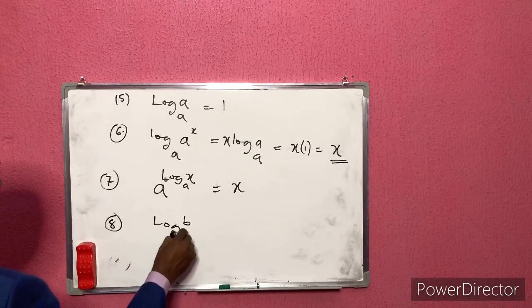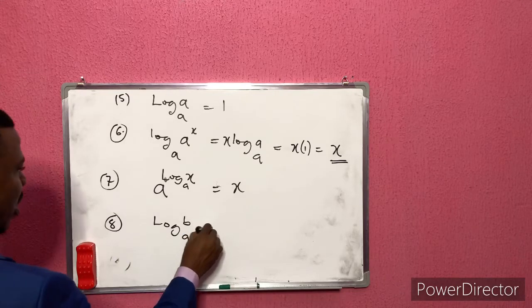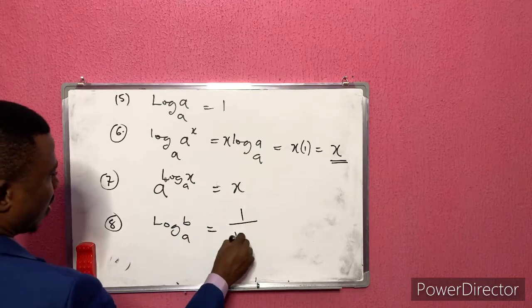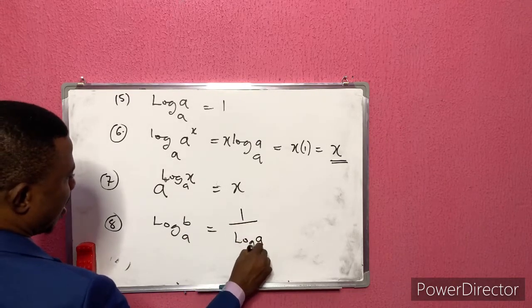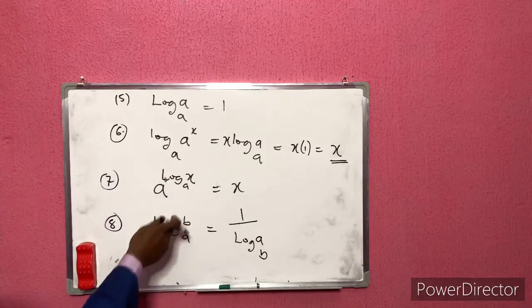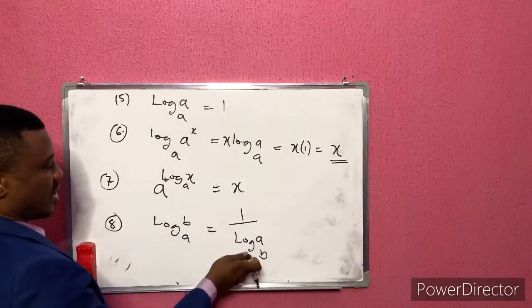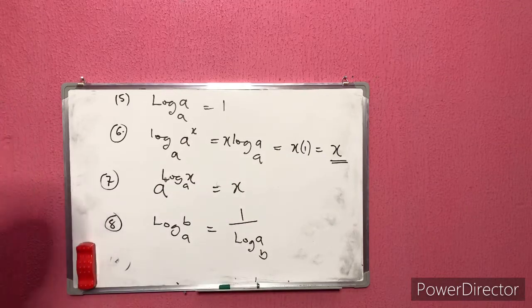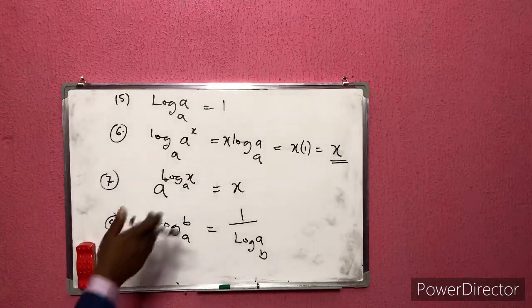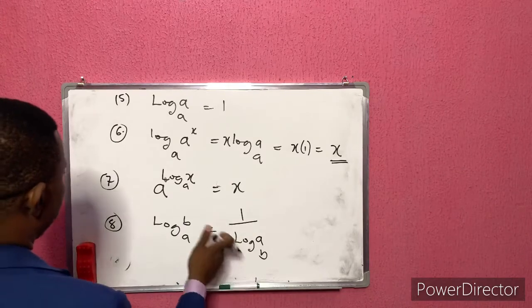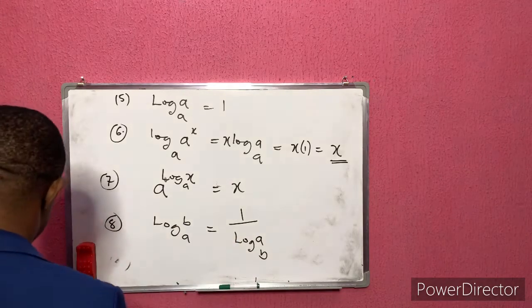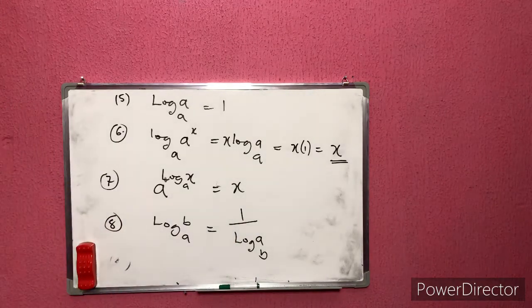Log b base a will give us the reciprocal of log a base b. So if you want to change a log with its own base, you take the inverse of it. That's all.